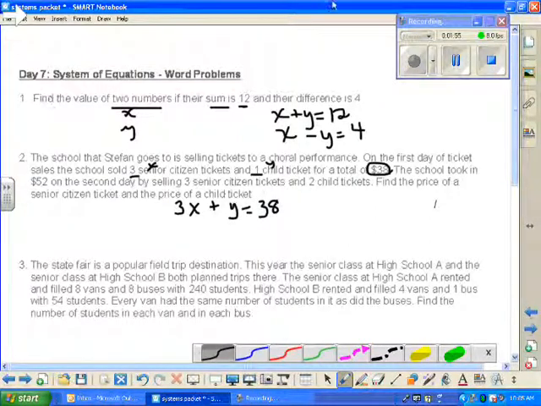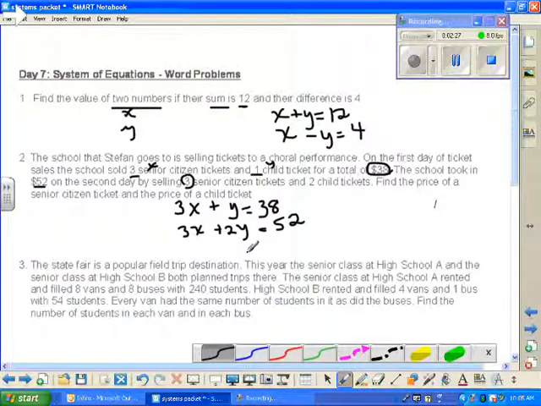Now let's see if we find another system. The school took in $52 on the second day by selling 3 senior tickets and 2 child tickets. So this would be 3 senior, remember senior is the x, plus 2y, y is the child, and their total was $52.